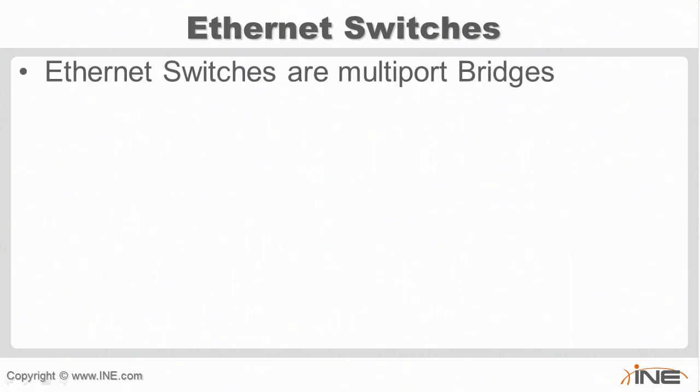Now an Ethernet switch is basically the same thing. The difference is that a switch is just a multi-port bridge, where in today's networks it doesn't make sense that you have a switch with just 2 ports where the cable comes in and then the cable goes out.